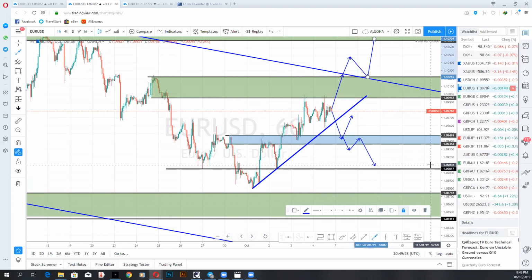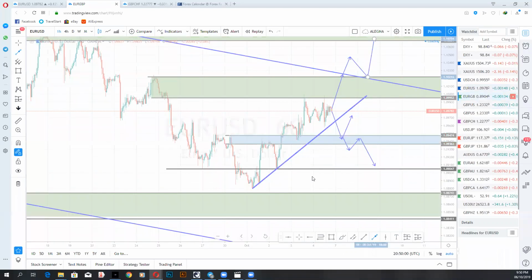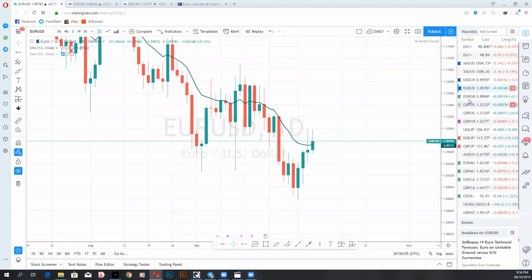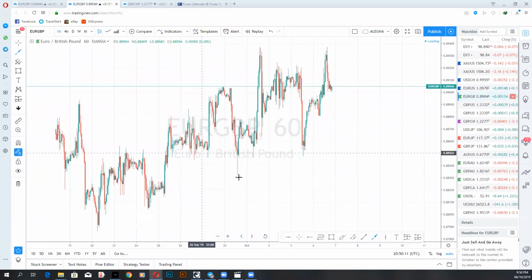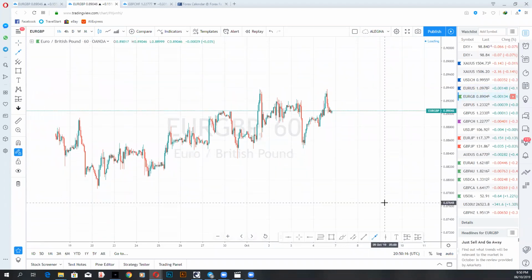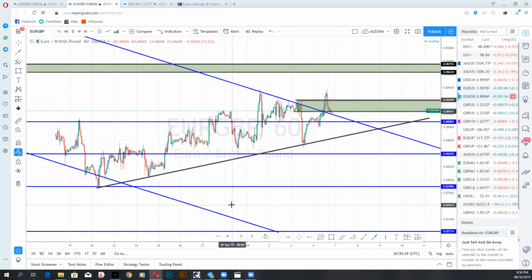So the next pair we're going to look at is the Euro GBP. Looking at the Euro GBP, having a little bit of connectivity issues this evening.